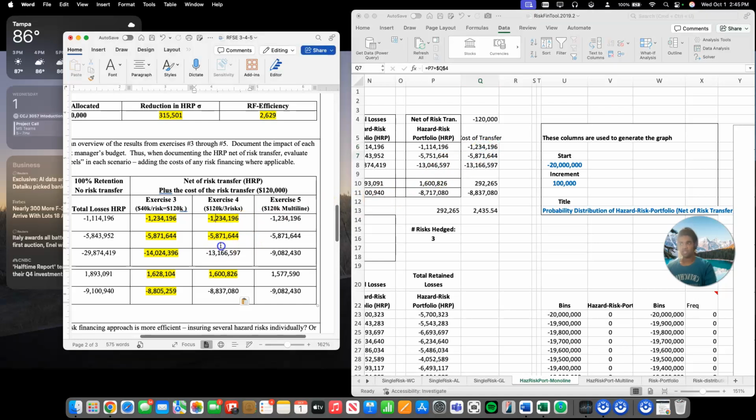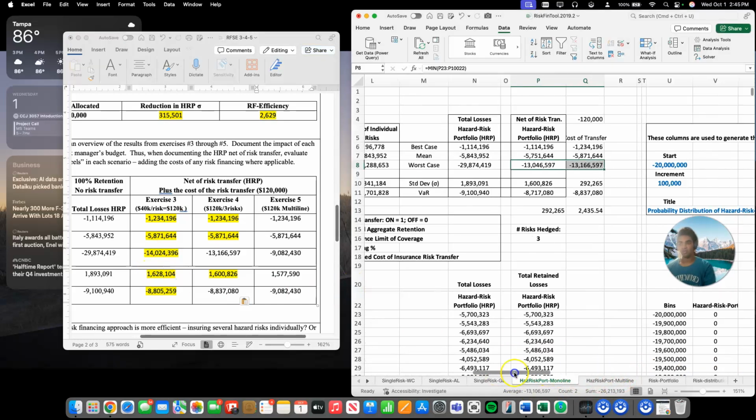See how this number is the exact same here. See how this number is different. These two are not the same because I added 120,000 to them. And you can see this number does not equal the exercise 5 one, and that's fine because that's how it's supposed to be.